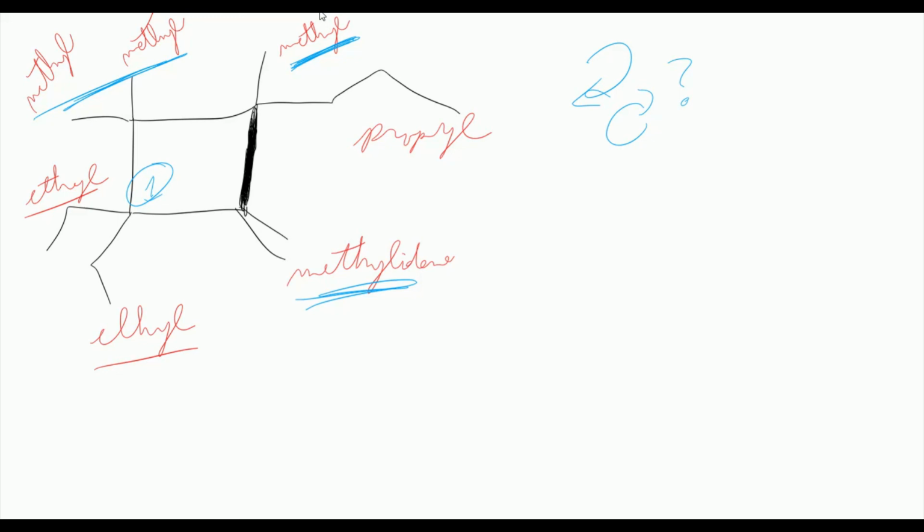Nothing always comes before something. So methyl comes before methylidine. Yeah, my handwriting is execrable. There's not a whole lot I can do about that writing on a screen like this. So that means that we're going to go clockwise, not counterclockwise. So 2, 3, and 4.